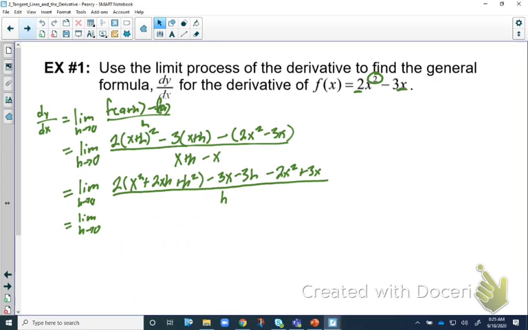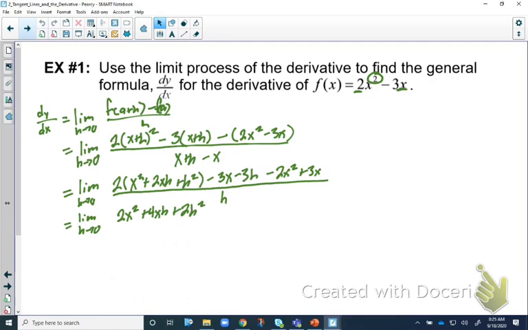Keep writing the limit notation until you actually take the limit. And now at this point, some people are going to be able to distribute the 2 on the last row just by themselves, but that's just not how my mind works. I do the expansion, then I do my distribution. So here I'm going to say 2x squared plus 4xh plus 2h squared.